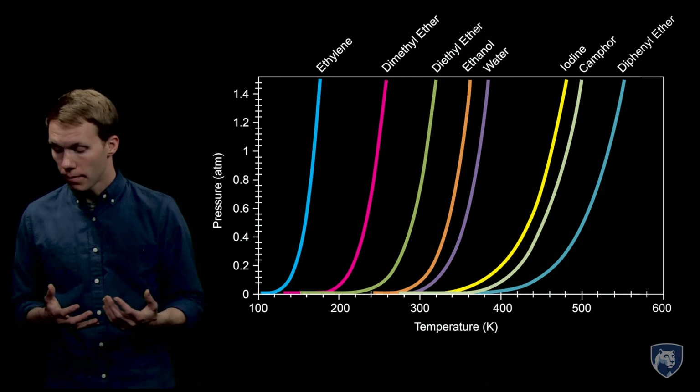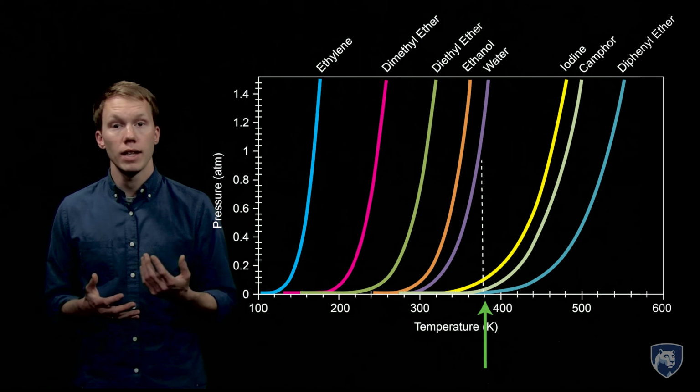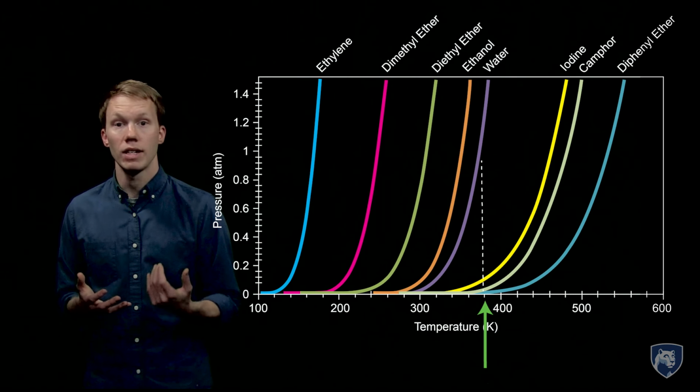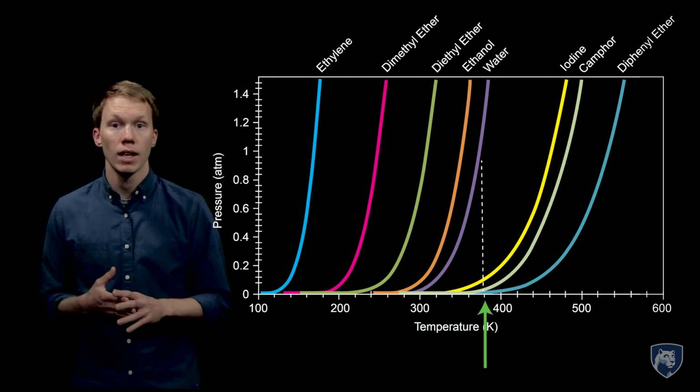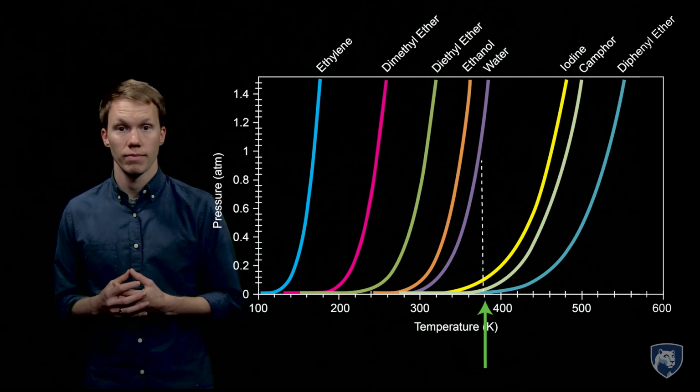Take, for example, water. At 1 atm, the temperature is approximately 373 Kelvin. And that corresponds to the boiling point of 100 degrees Celsius.